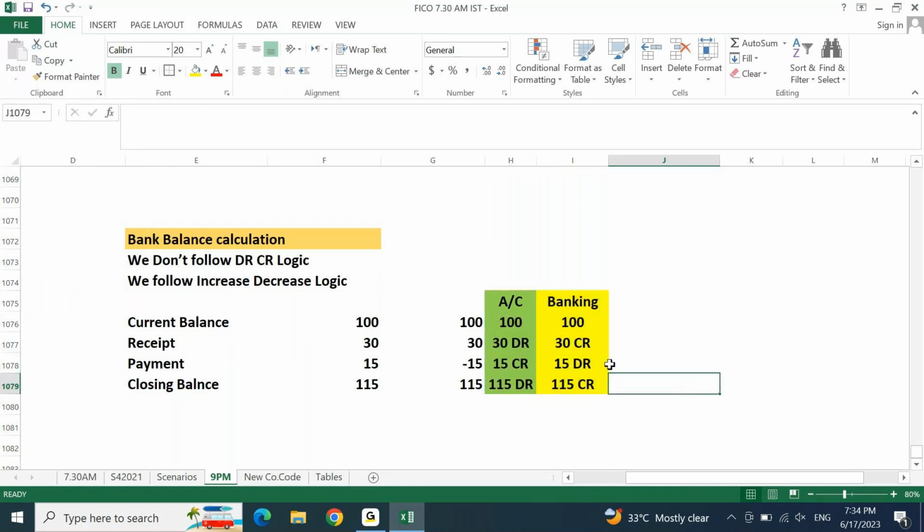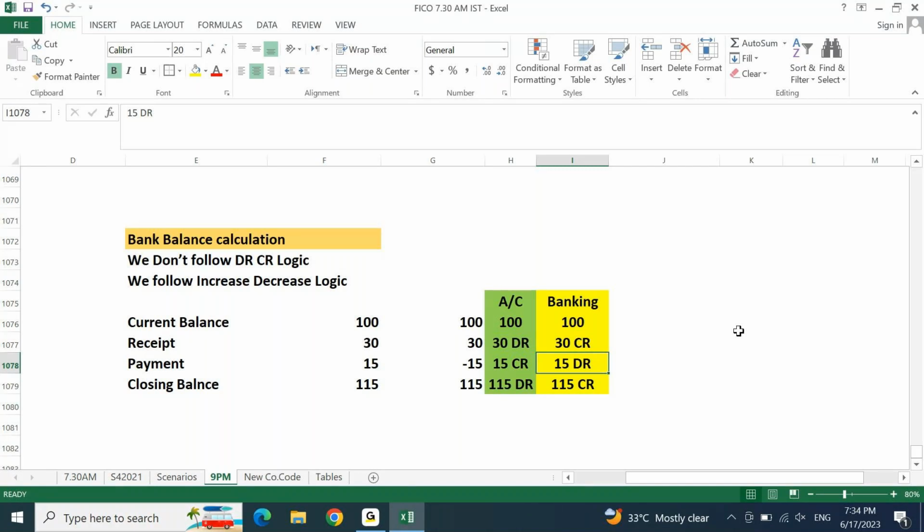For the same amount 30, on one side you are writing debit, on the other side credit. Similarly for 15, one side credit, the other side debit. Similarly closing balance, one side we call it a credit balance, on the other side a debit balance. Now this debit credit, is it straightforward or is it reversed and confusing here?